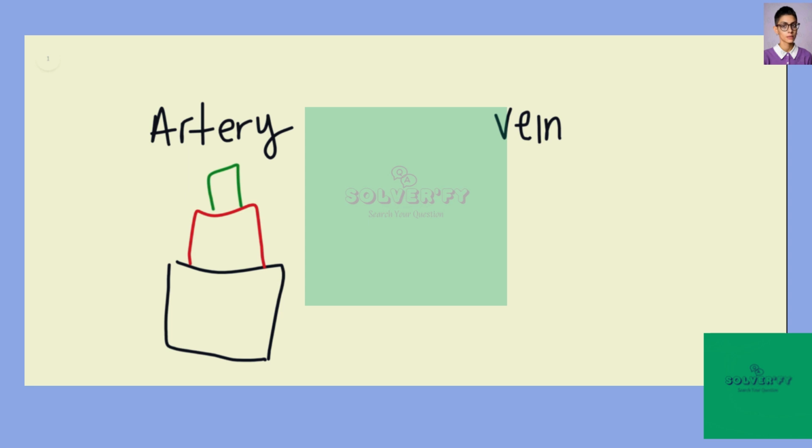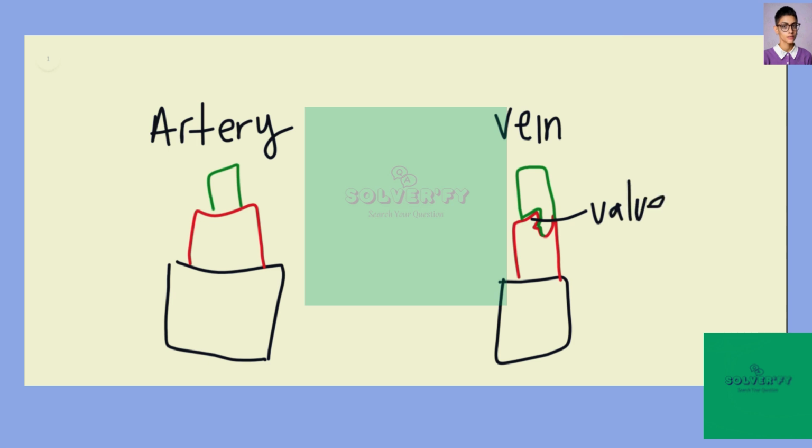So we have the three layers here. Trying to draw a valve there. So this would be a valve, which is meant to keep the blood moving in only one direction.